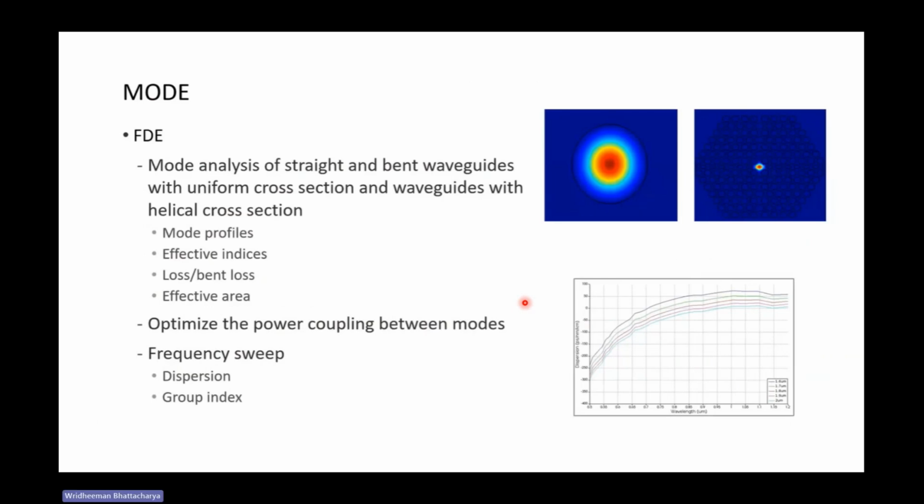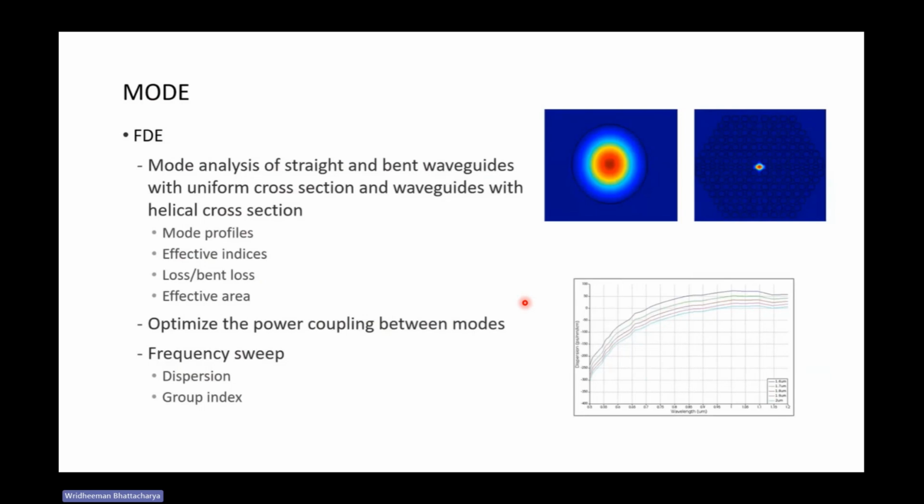So moving on to the mode solver. After the FDTD solver is done, we move on to the mode solver. In the mode solver, there are solvers such as the FDE. In FDE, the mode analysis of straight and bent waveguides with uniform cross section and waveguides with helical cross section is performed.